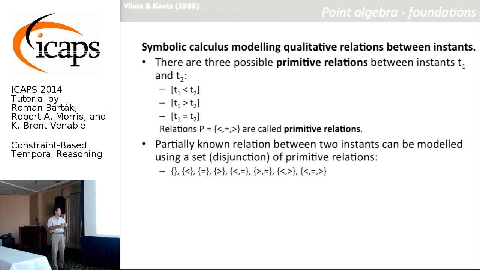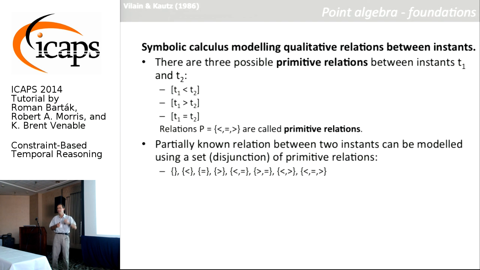What do you think the first set, the empty one, is? If I have an empty relation between two time points, what does it mean? I usually ask questions to my students to wake them up. So, if you have no information, that's the last one: before, equal, after.